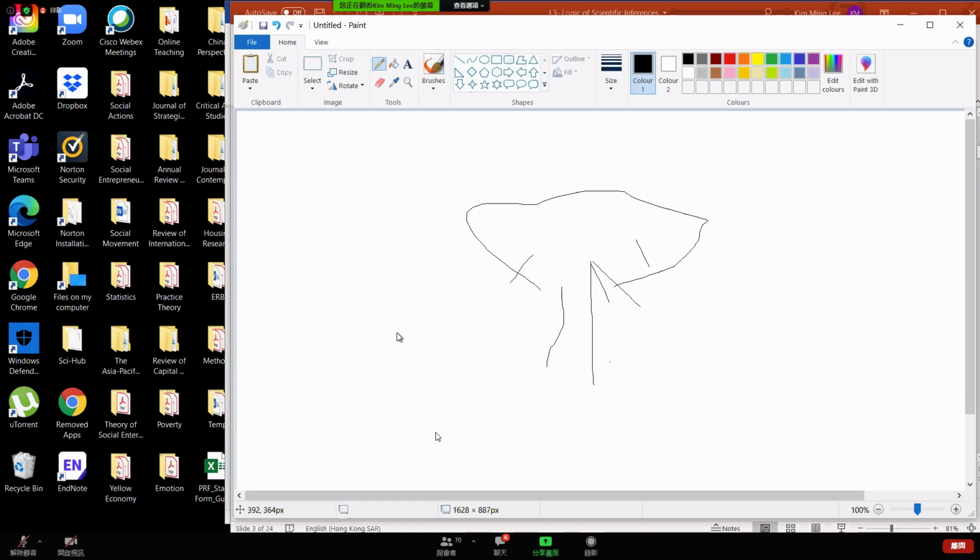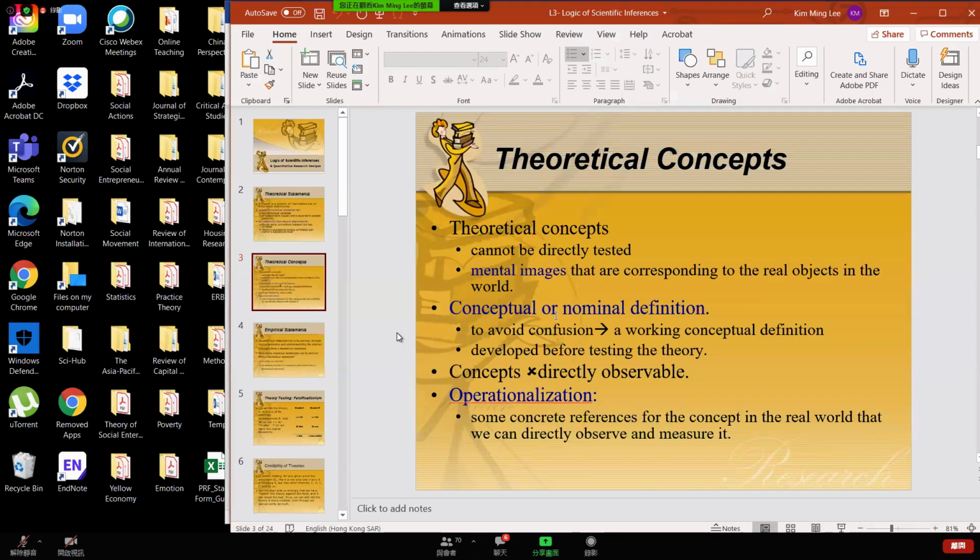So when we talk about the concept or the nominal definition, that is a kind of mental image, and we try to elaborate what happens in our brain to others. It is to avoid confusion. That is a working conceptual definition, and it is necessary to formulate any kind of theoretical statement.